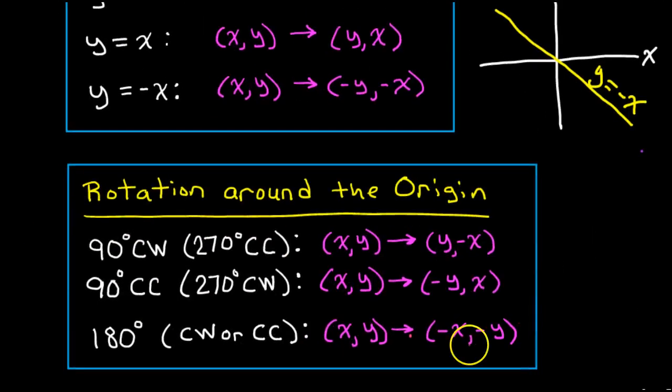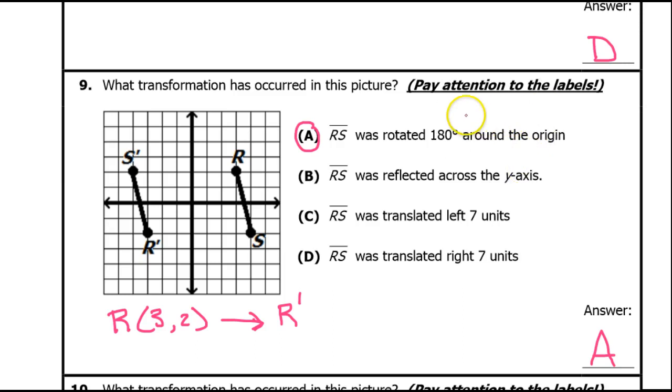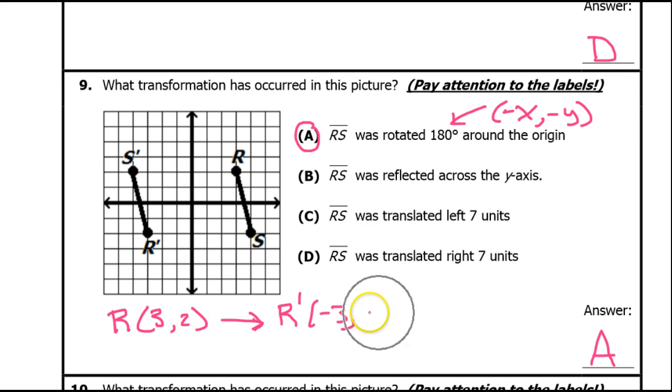We know that the rule for that is opposite of x, opposite of y. So R prime should be -3, -2. Oh look, -3, -2, that is R prime, so that means we did the right thing.